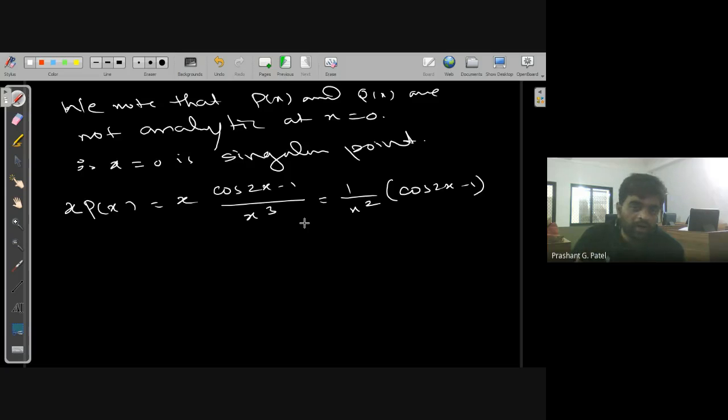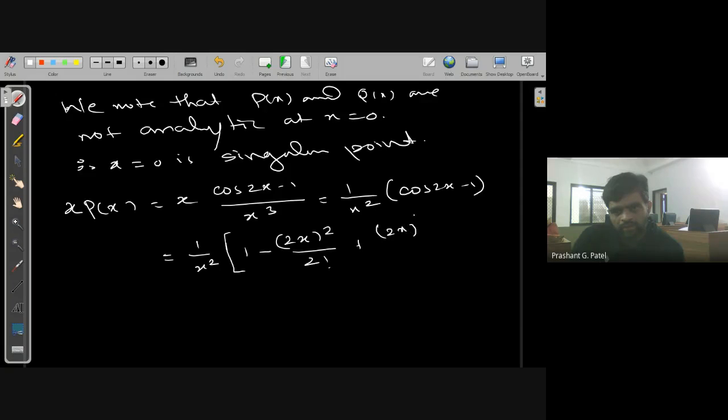What do we mean by analytic? That means it can be converted into a power series. So let us write down the power series: 1 minus 2x square by 2 factorial plus 2x raised to 4 by 4 factorial, and so on, minus 1. So 1 will get cancelled.